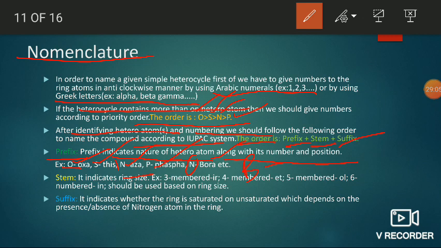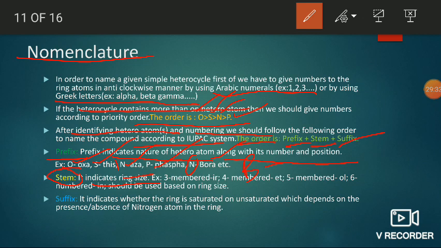Okay. Next, what is stem? Generally, stem indicates ring size, whether it is a 3-membered ring or 4-membered ring or 5-membered or 6-membered, or it may be a 7-membered ring. Based on the ring size, we have to give a specific stem to that particular heterocycle.